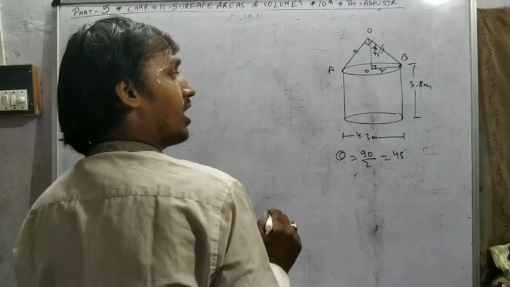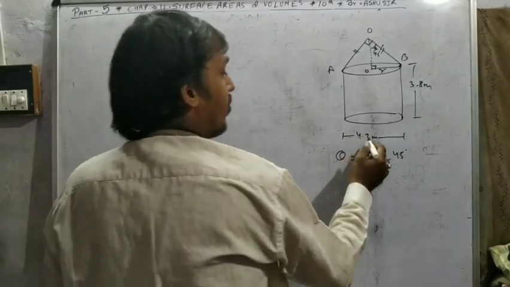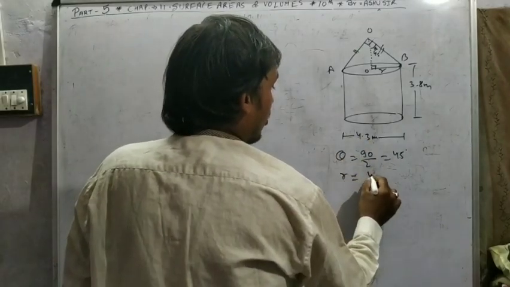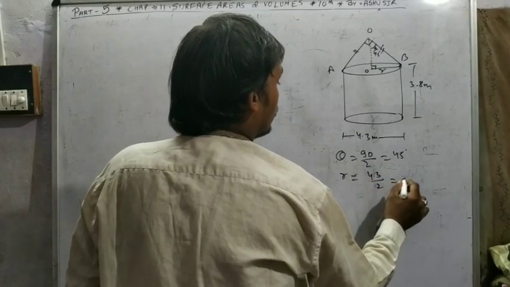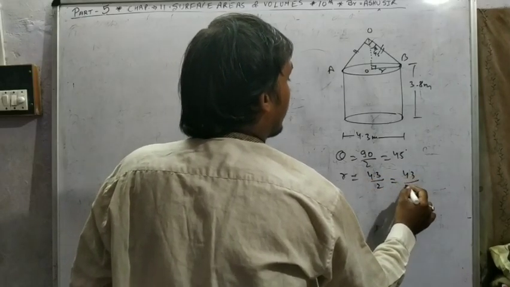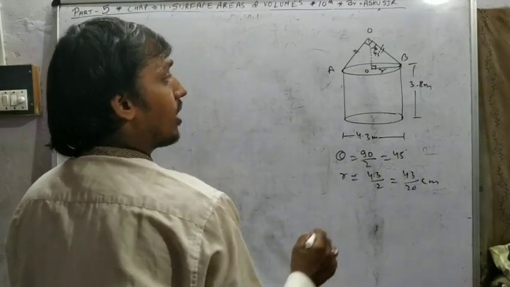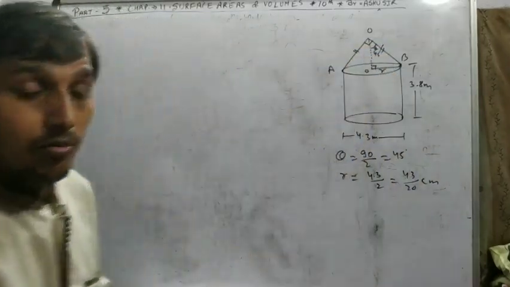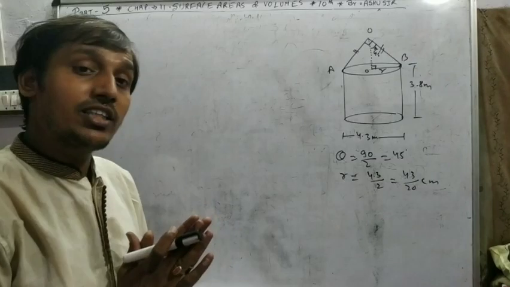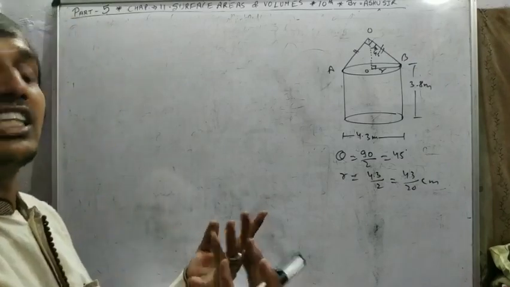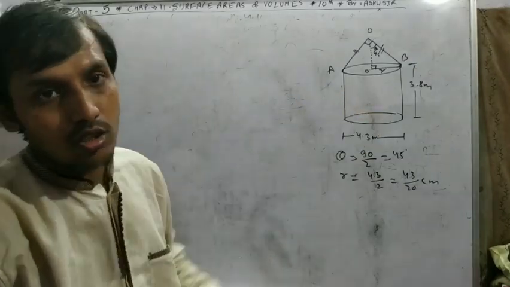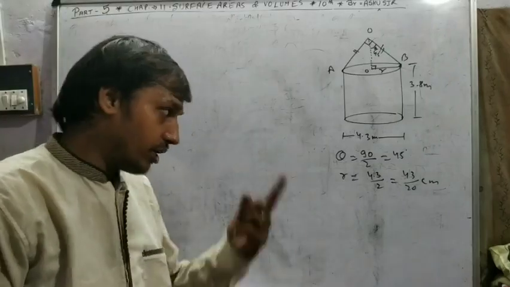So the angle is 45 degree. The value of radius is 4.3 by 2, 43 by 20 centimeter. So you can find the height of the cone, because if you do not find the height of the cone, you can't find anything about the cone, since slant height or height is not given.